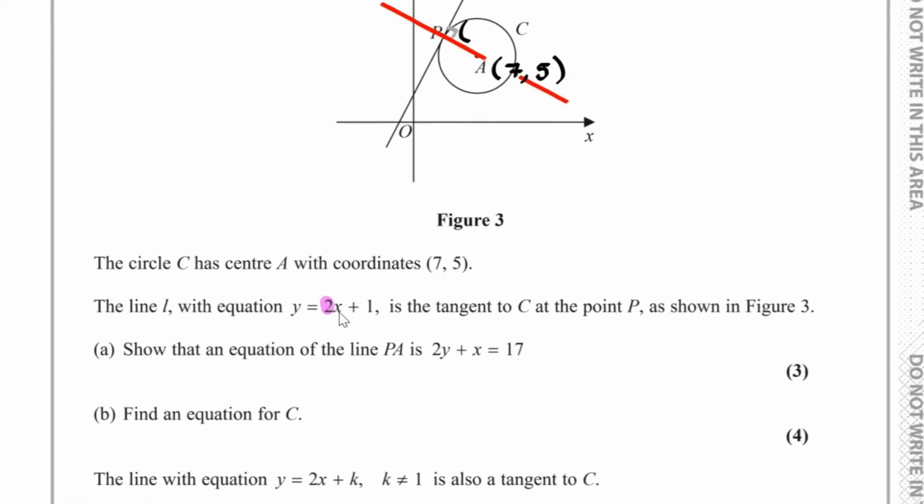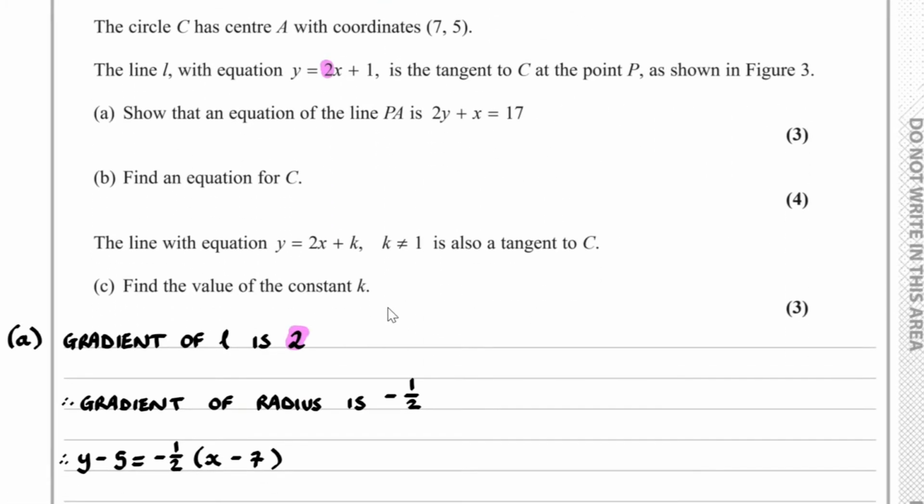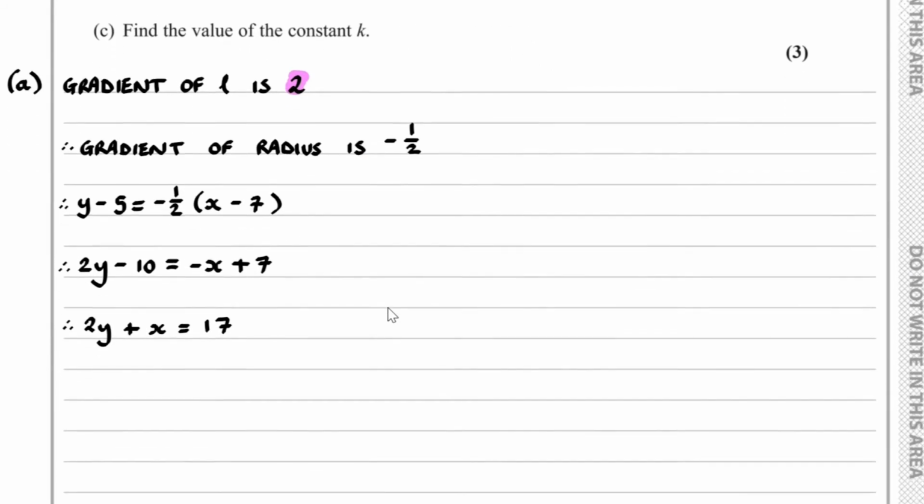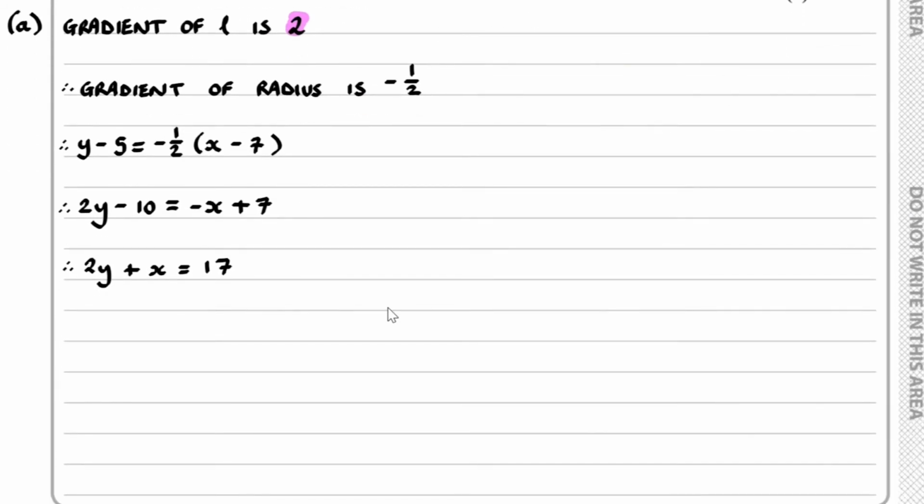And so if we have y equals 2x plus 1, then we've got 2 times by y, which is 2x plus 1, plus the x.